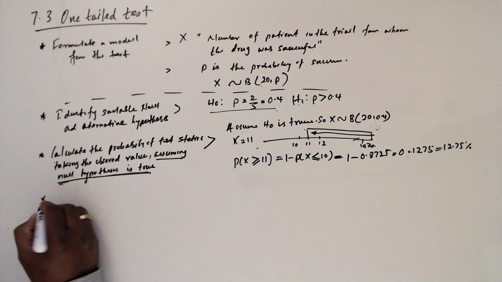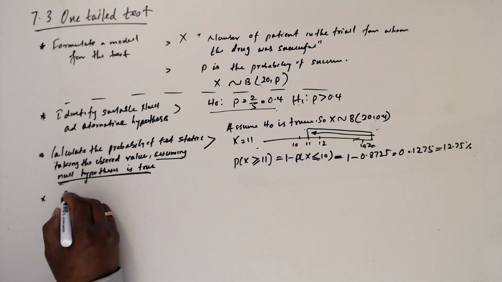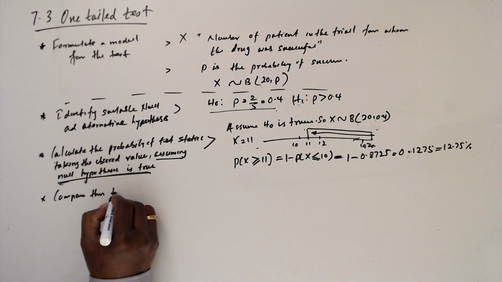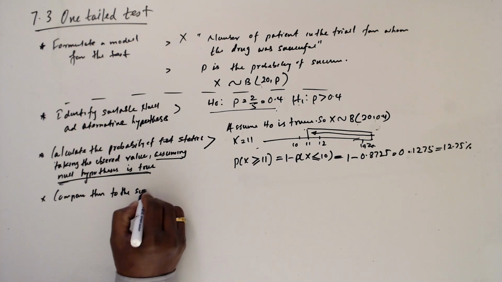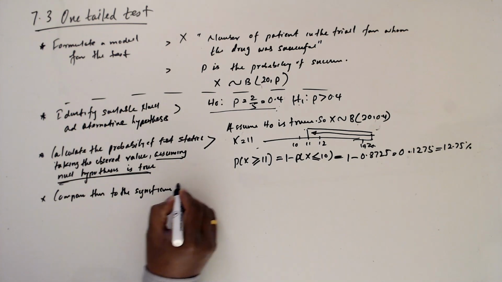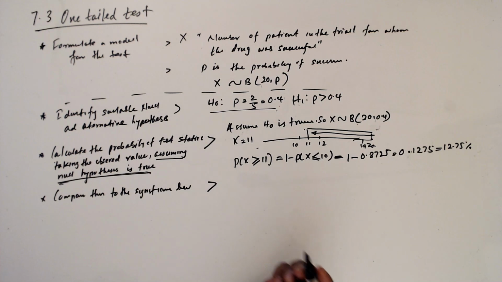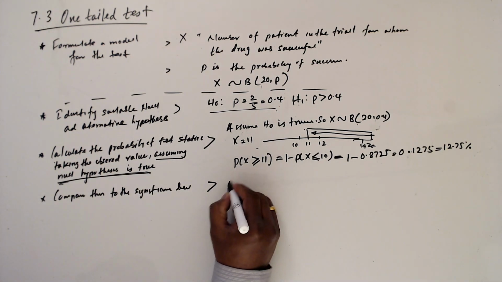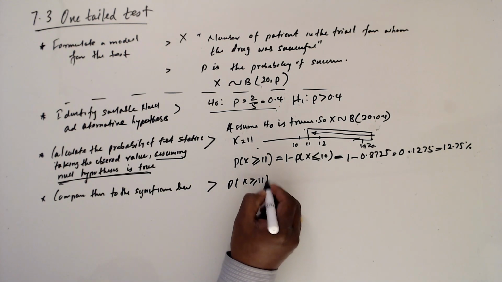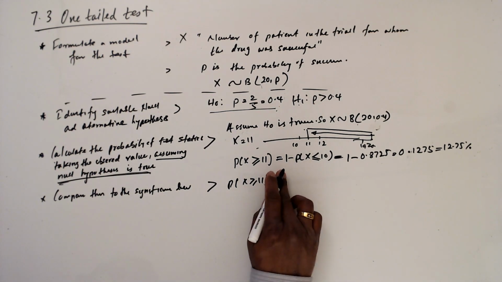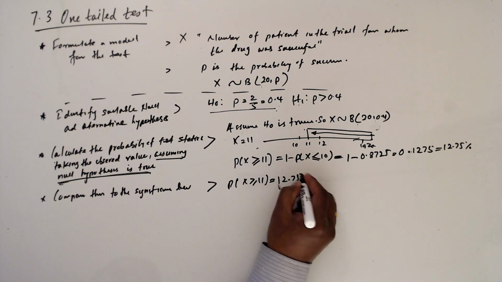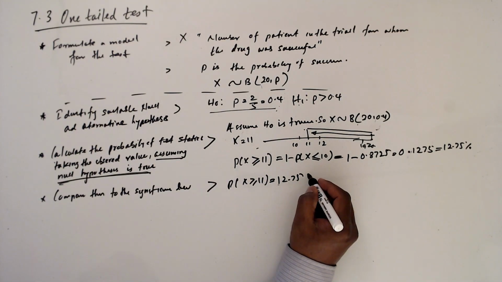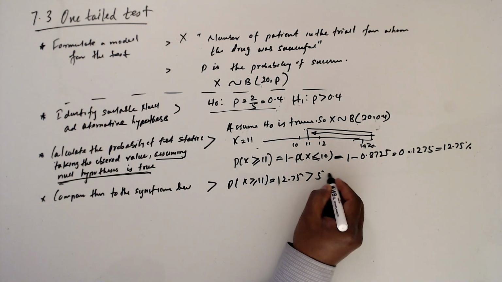Then the next step is to compare this to the significance level. The significance level is 5%. So the probability of x greater than or equal to 11 is 12.75%, which is greater than 5%.